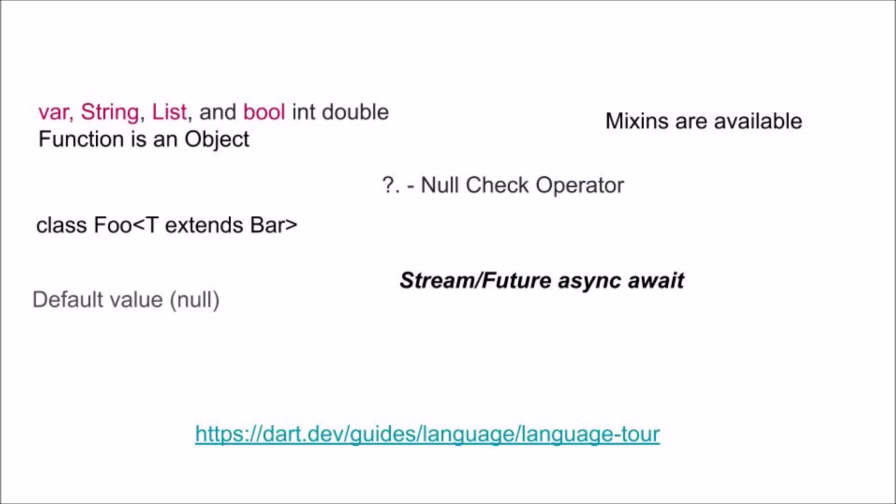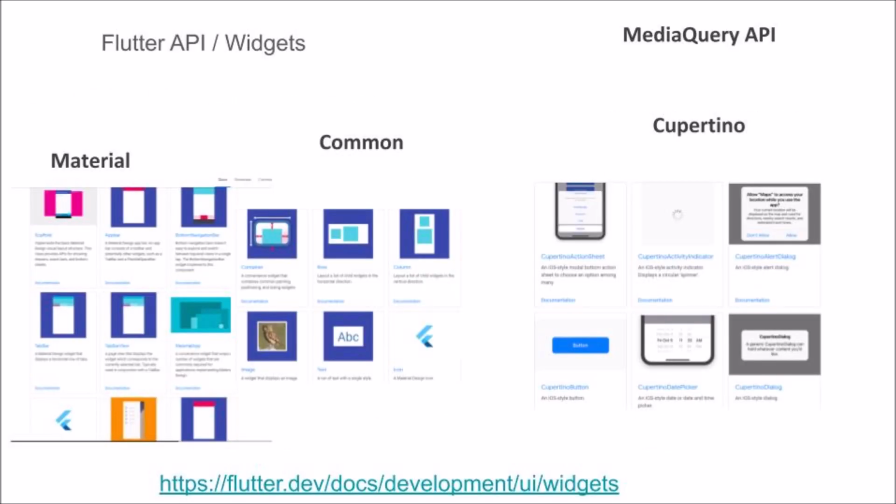The Flutter team has built some Material widgets like app bar, tab bar, navigation drawer, buttons, pickers, alert dialogs, snack bars, and some iOS Cupertino widgets like action sheet, dialogs, pickers, tabs, bars, and some native components that are available for all platforms like buttons, images, text, rows, and columns.